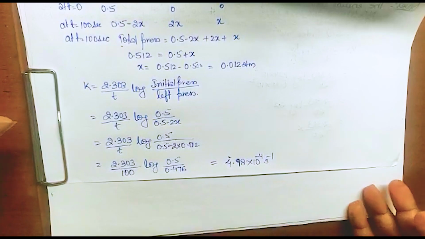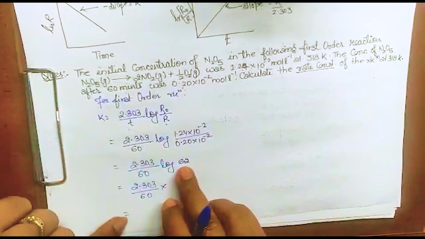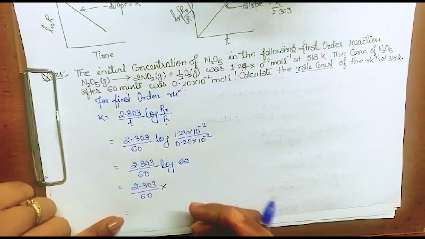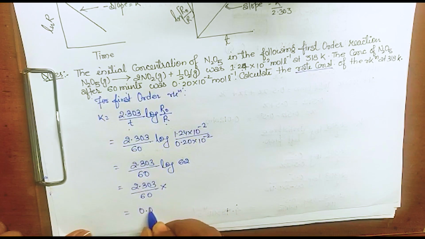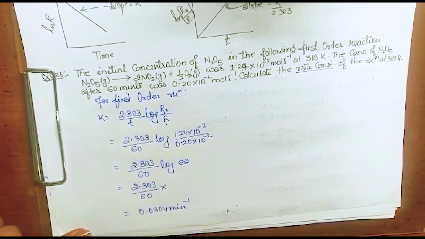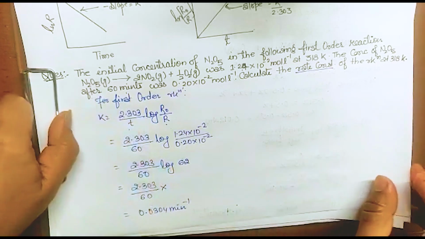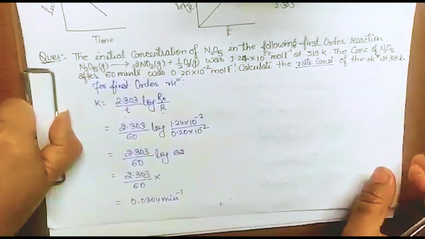Got it? And for per minute, you can find the value of log 6.2, and the final answer comes to 0.0304 per minute. I will put the value of log 6.2 in the PDF.